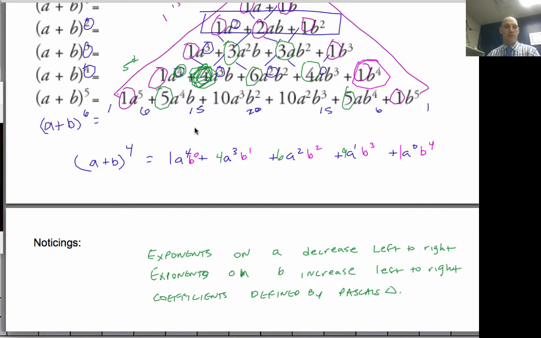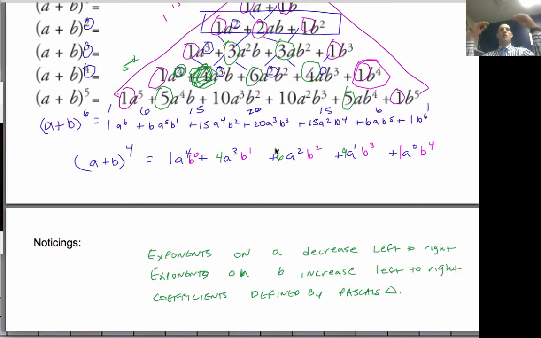So what would my exponents be? Well, I'd have 1a to the sixth plus 6a to the fifth, b to the first. How did I get that? A steps down 1, b steps up 1, plus 15a to the fourth, b squared, plus 20a to the third, b to the third, plus 15a squared, b to the fourth, plus 6a, b to the fifth, plus 1b to the sixth.